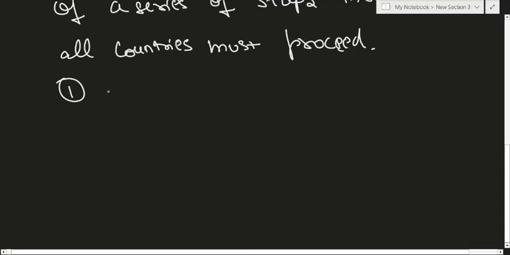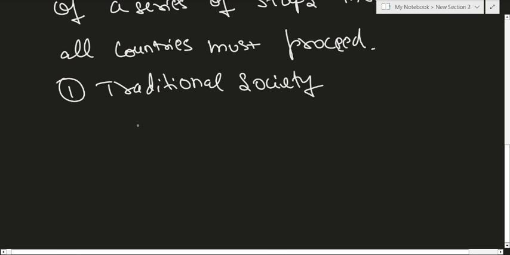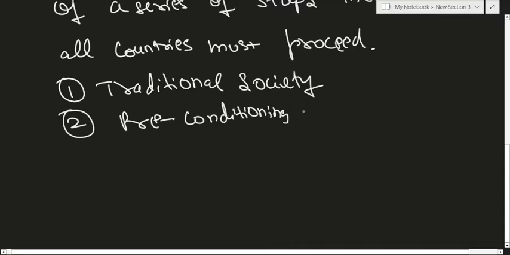Now, what are these stages? First is the traditional society, basically an agrarian society, where there is subsistence production and consumption. Then we have the preconditions for takeoff into self-sustaining growth.